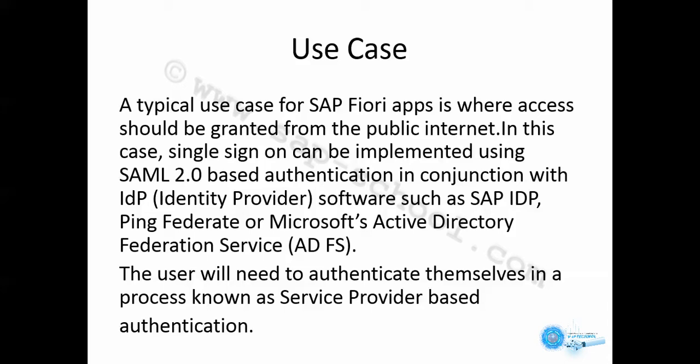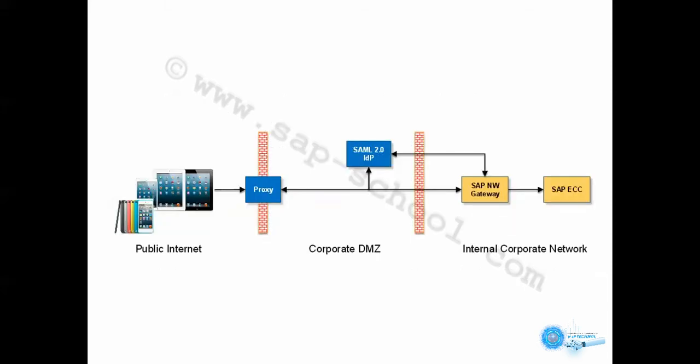So this is step one: the client will send a request to my SAP NetWeaver gateway via a proxy server. This request should be either unauthenticated or expired due to a timeout. The request issued by the client refers to an external URL for the SAP Fiori app that is specific to the particular customer situation.